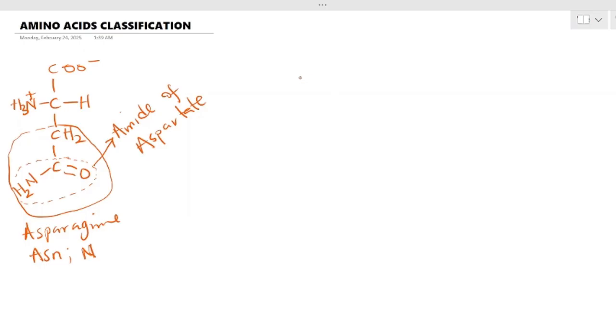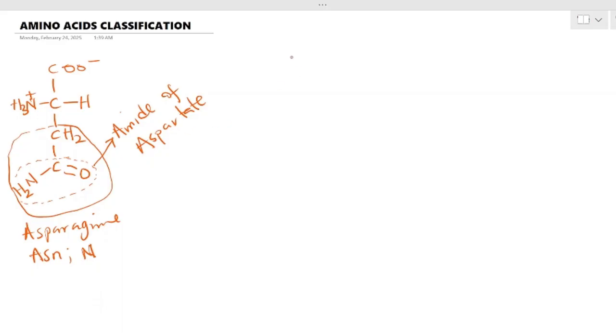Your guess is as good as mine, just as you have for aspartate in the negatively charged amino acids. Recall that we also had glutamate. Just like we saw here, having the amide of aspartate in asparagine, we begin to see the amide of glutamate.